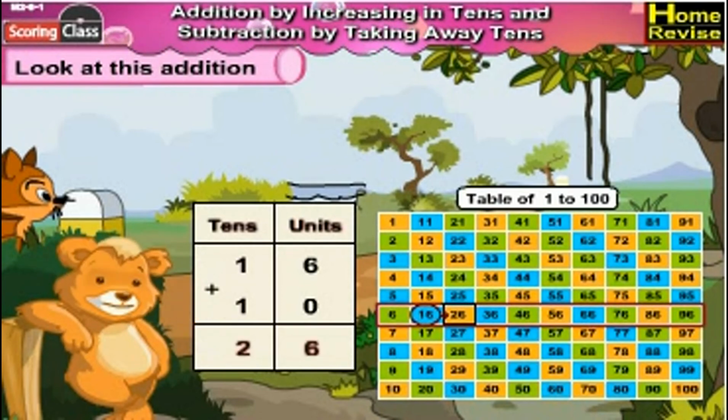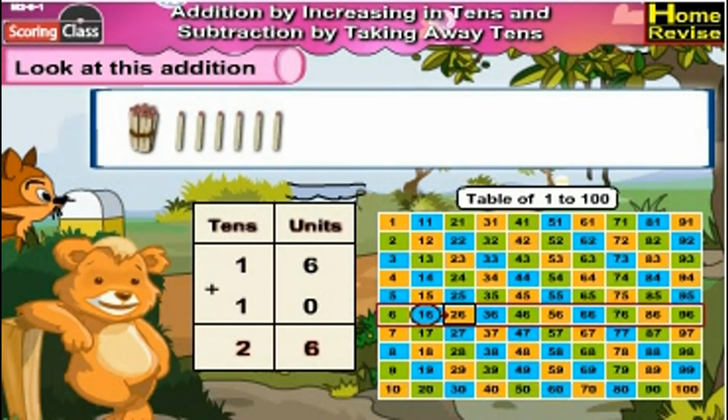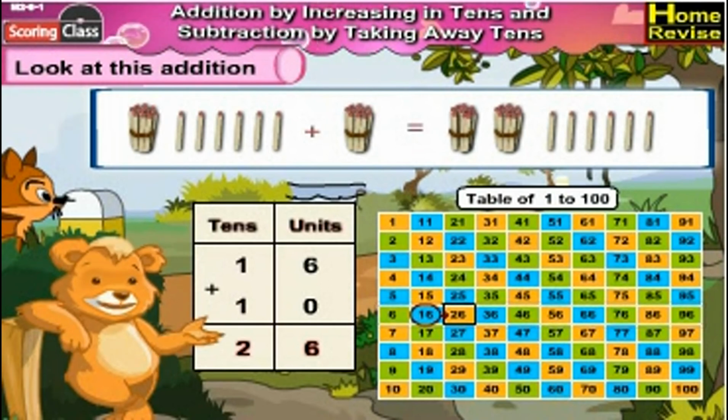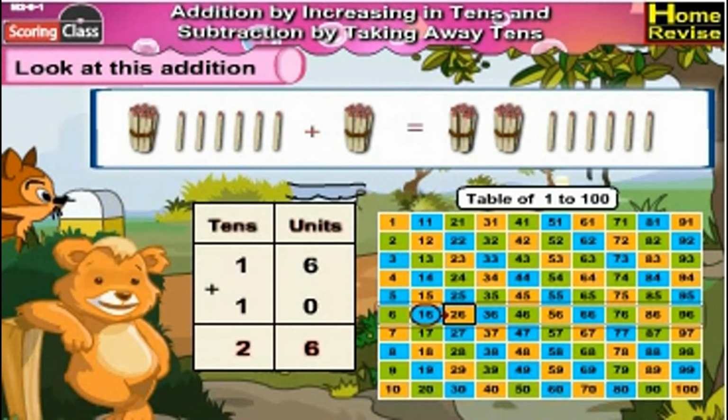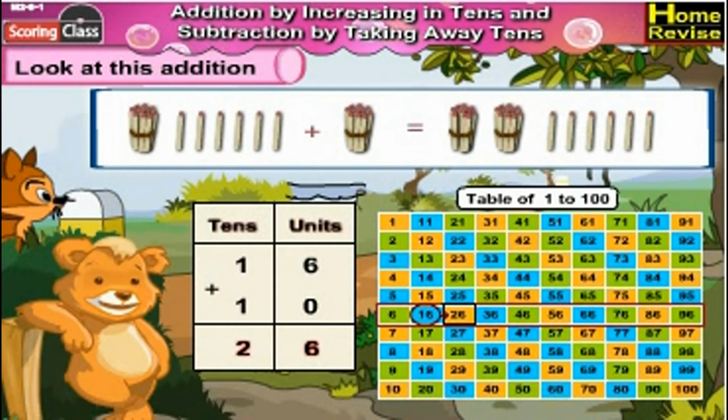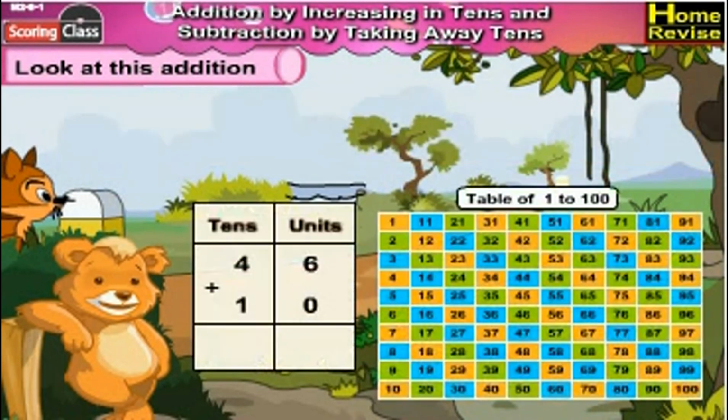The number is 26. So 16 plus 10 is 26, which means in 16 plus 10, 1 ten is added. First there was 1 ten and one more ten got added, and then it became 2 tens.